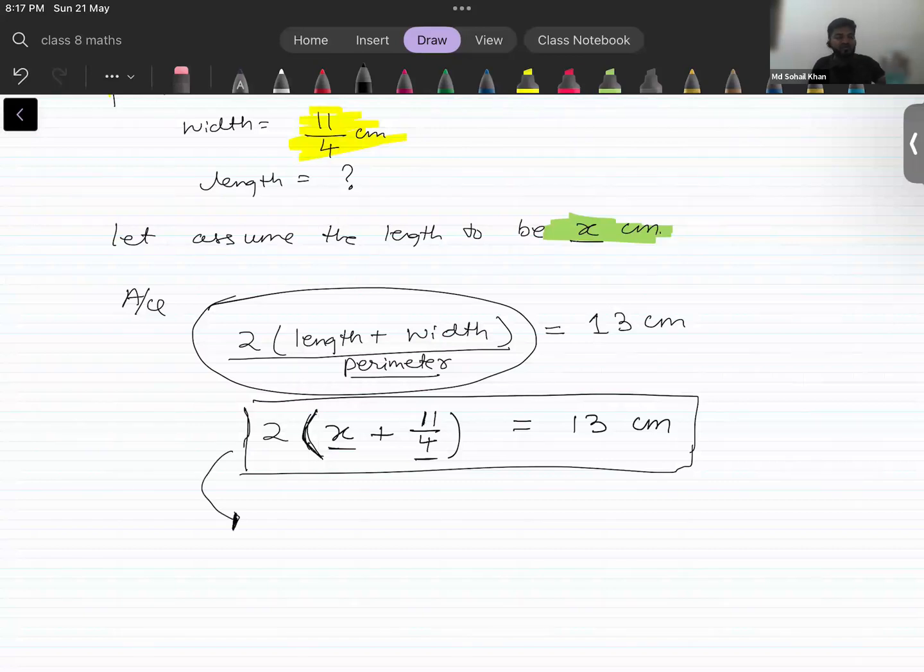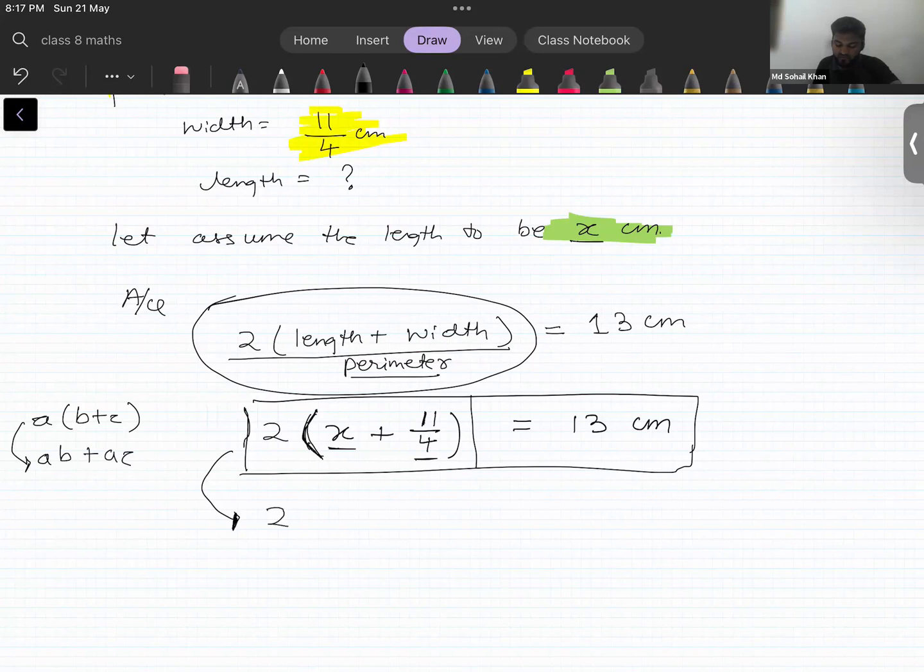How will you write this in the next step? No, it is similar to this value. It can be written like this: a multiplied b plus a multiplied c. So first you need to multiply 2 with x.